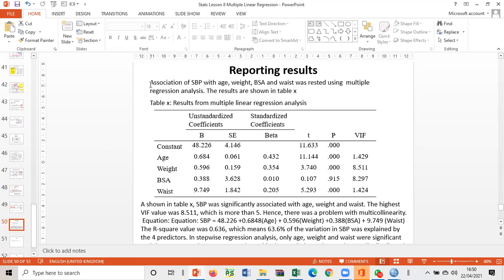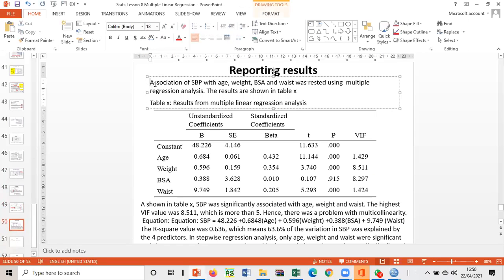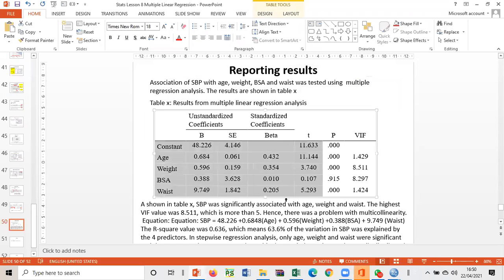Now, what's the objective? What's my objective? To test the association of SBP with age, weight, BSA, and waist. Tested. Okay. Multiple regression. Results are shown in table X. Tell them these are results from this table. First, don't put stepwise only.